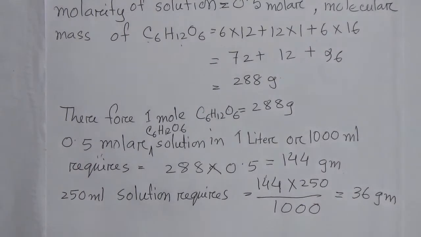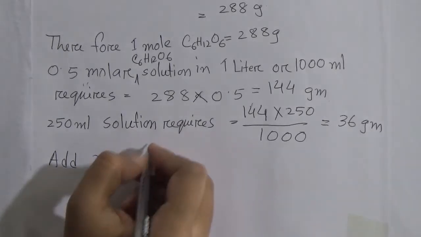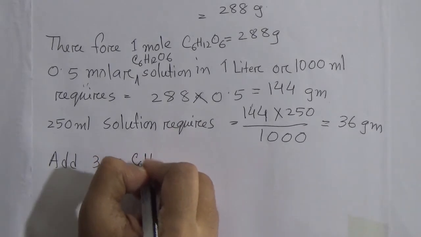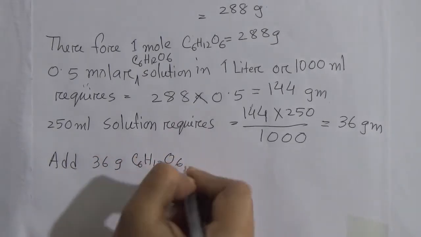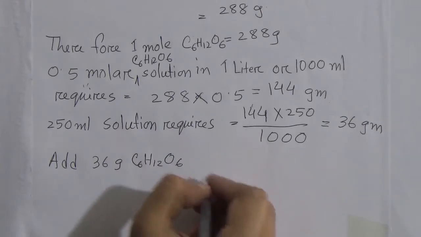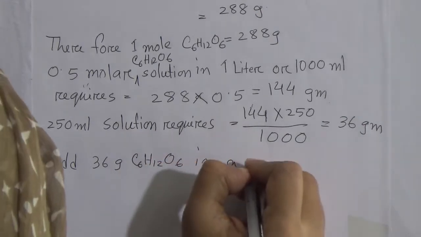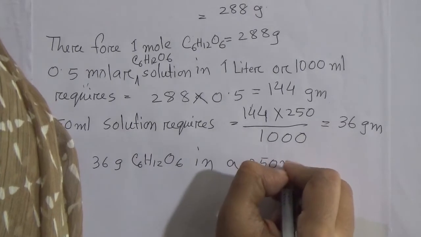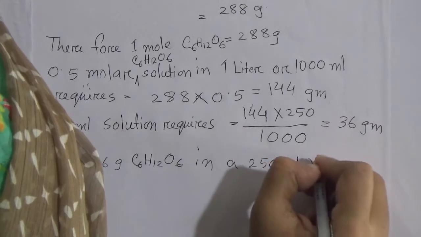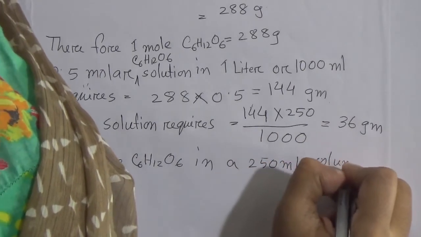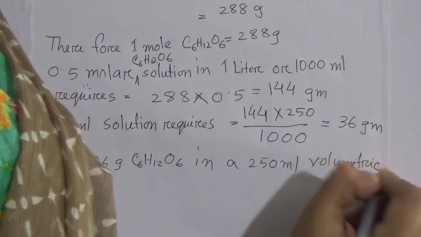Now we have to write the answer by adding 36 gram glucose in a 250 ml volumetric flask.